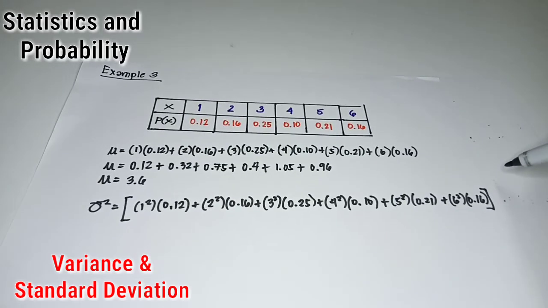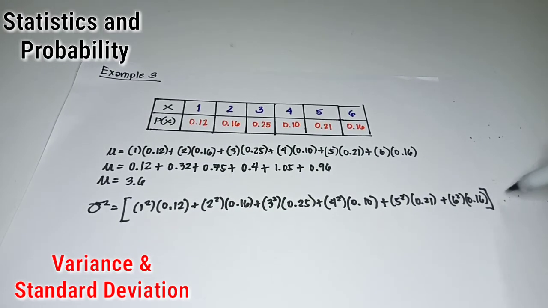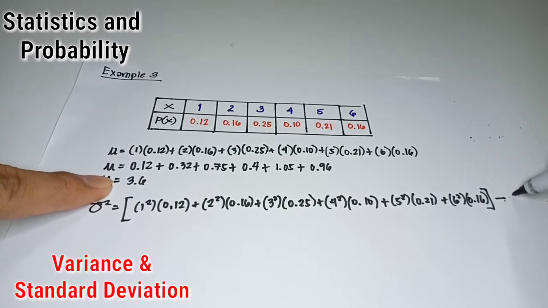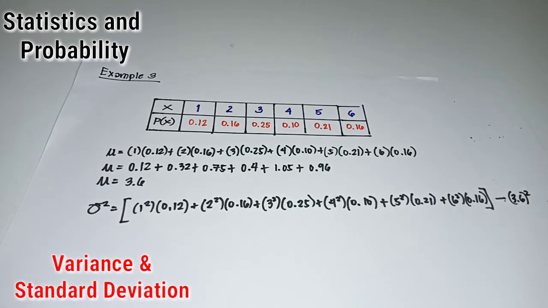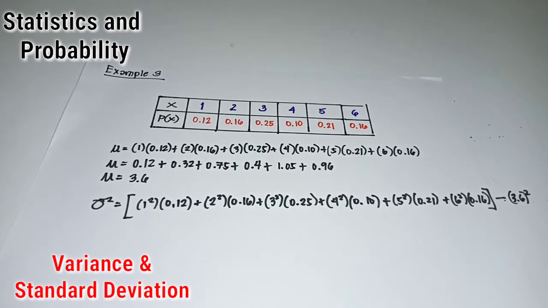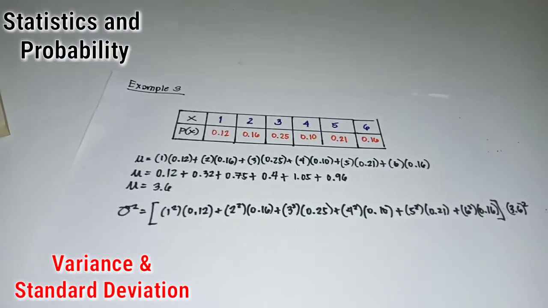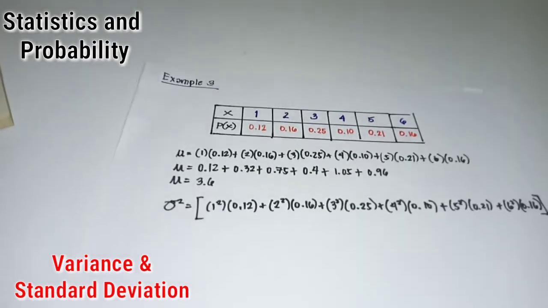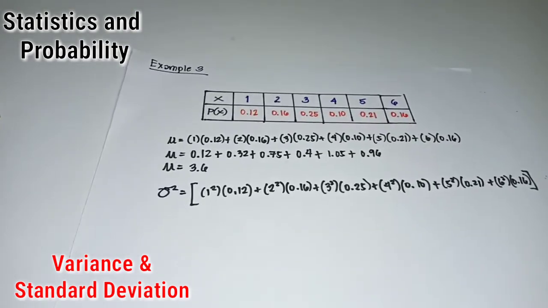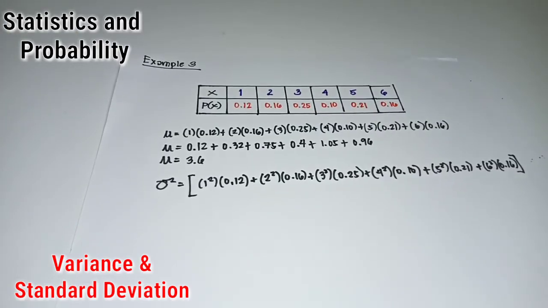We still have minus the mean, which is 3.6, but we have to square it. Okay, so that's our variance. We just have to simplify this one and we'll have our answer in a while.